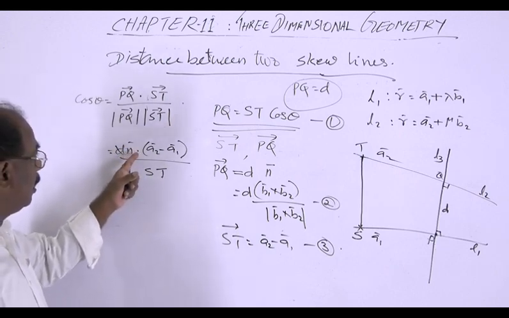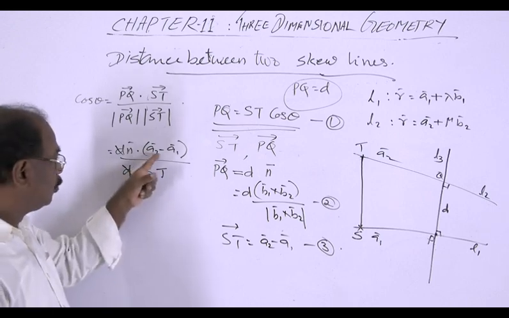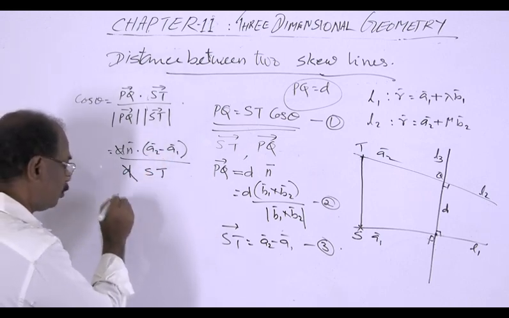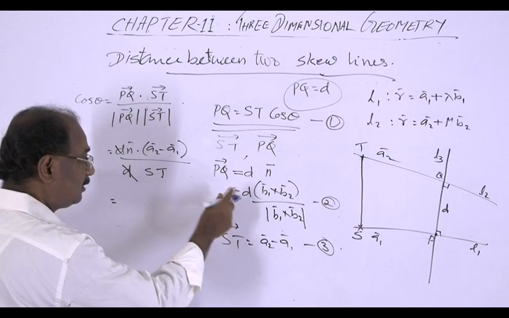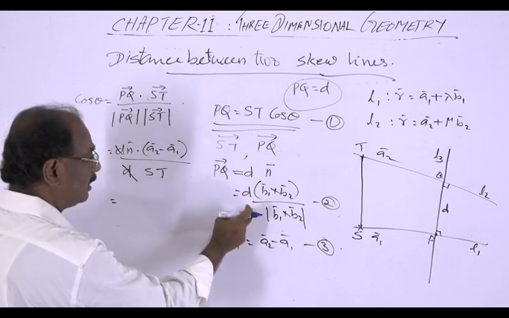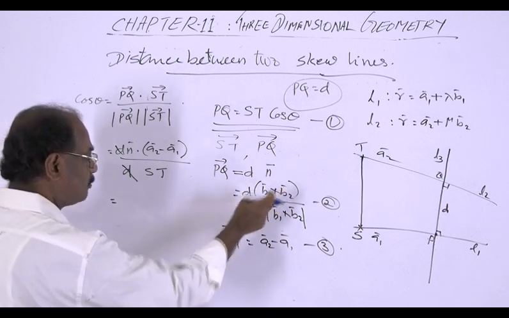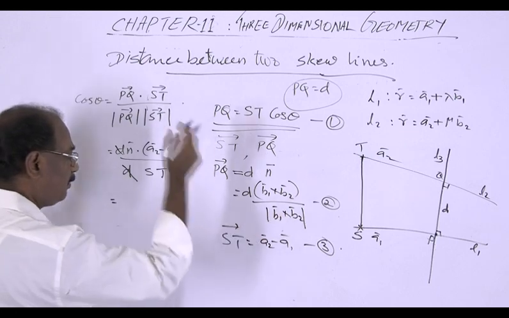So N dot A2 minus A1 by ST, where N is equal to B1 cross B2 by modulus of B1 cross B2.